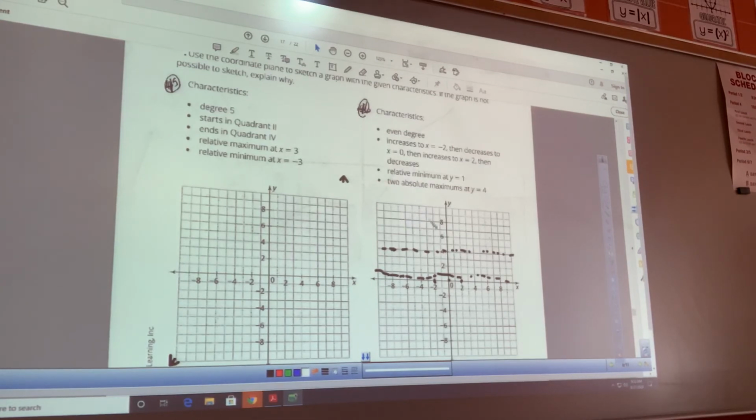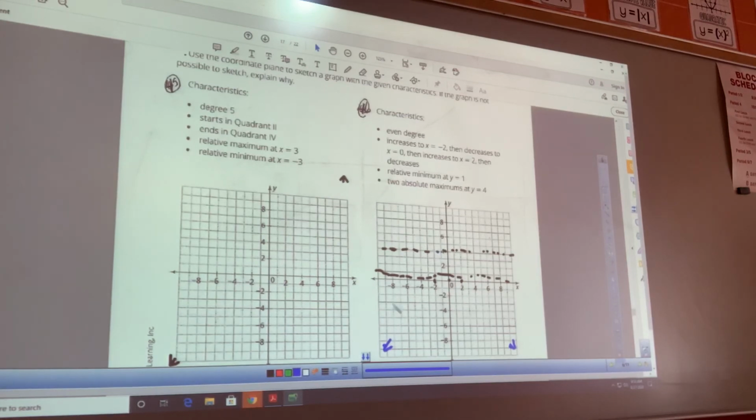If it's going to have a minimum, that means it's going to be going up in both directions, I believe. Okay, oh no, absolute max. Sorry. So it's going to be ending here and here. Okay. So it has absolute maximums up here.